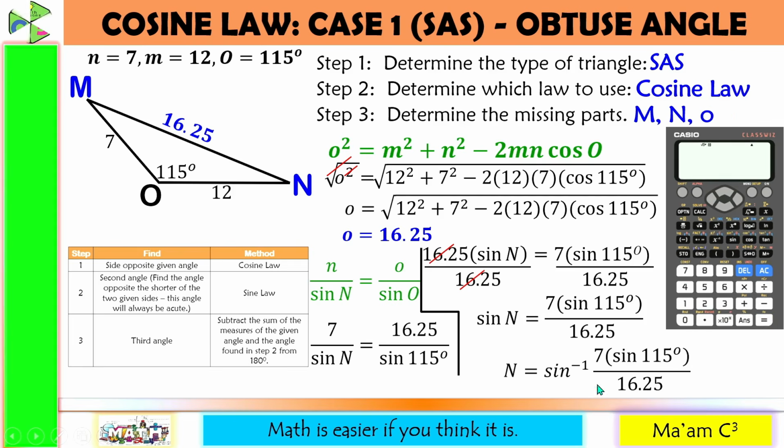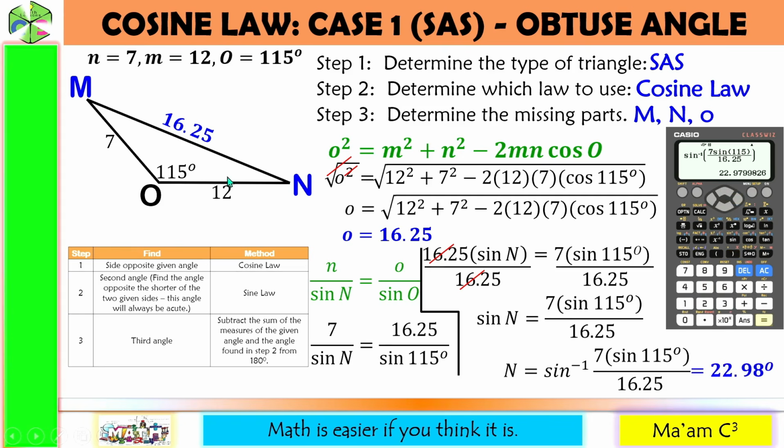Let us solve this. We have shift sine of 7 times sine 115 degrees divided by 16.25. And this is equal to, rounded off to the nearest hundredths, 22.98 degrees.